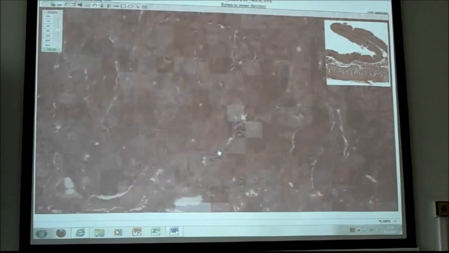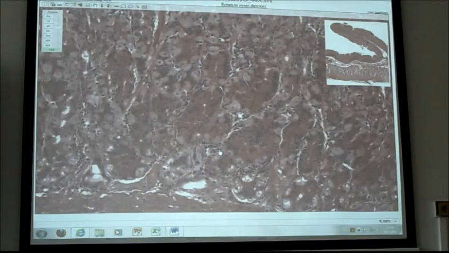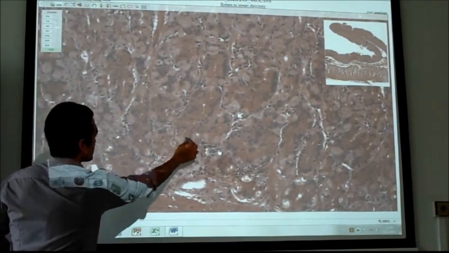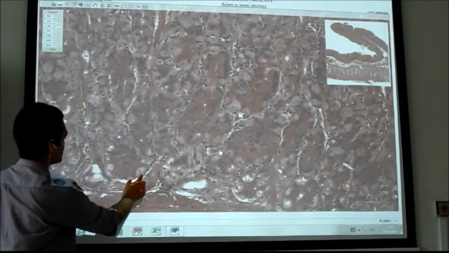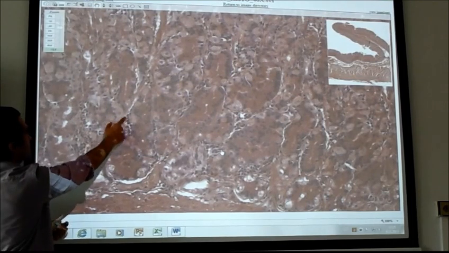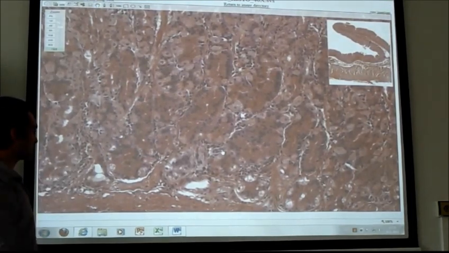Pepsin is important for the breakdown of protein into peptides. You can see these light pinkish cells. When you have a microscope, you can easily see them. Look at this one, like an egg. When you cook an egg, this looks like that.